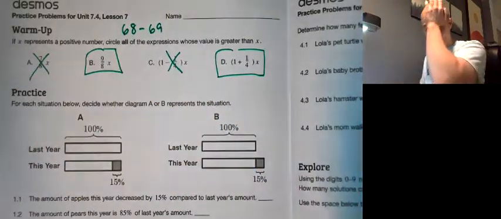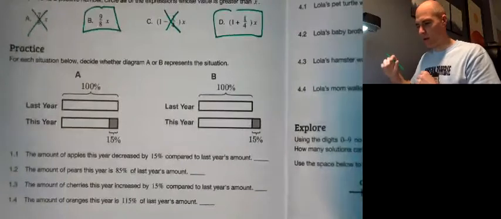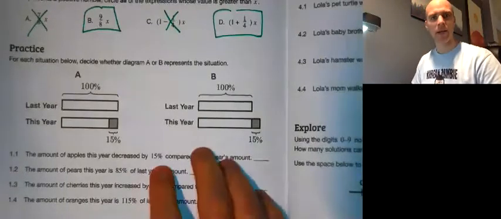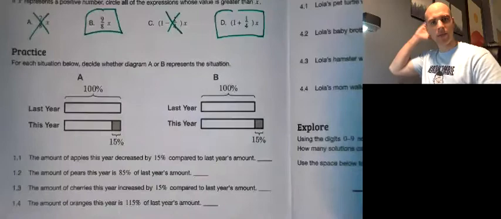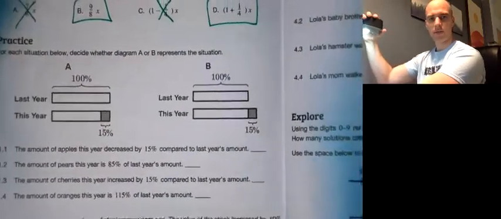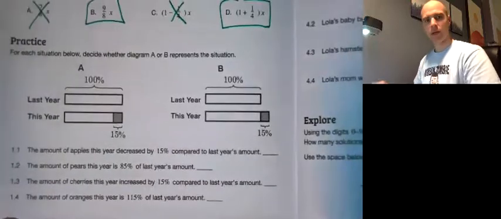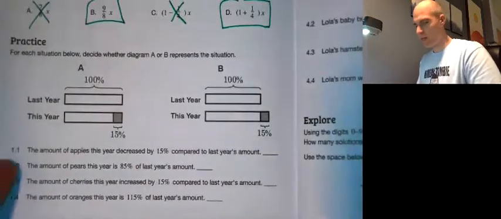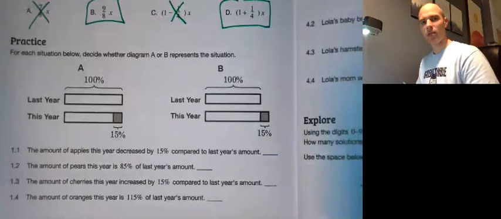All right, so next, it says, decide whether diagram A or B represents each of these situations. So 1.1 says, the amount of apples this year decreased by 15% compared to last year's amount.